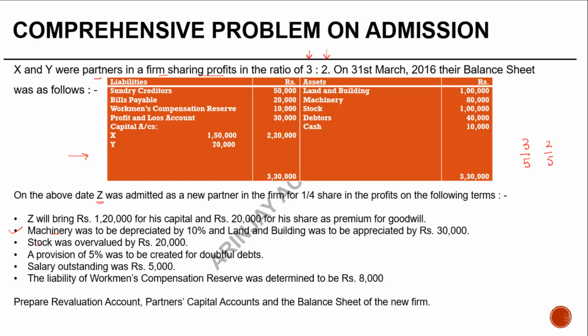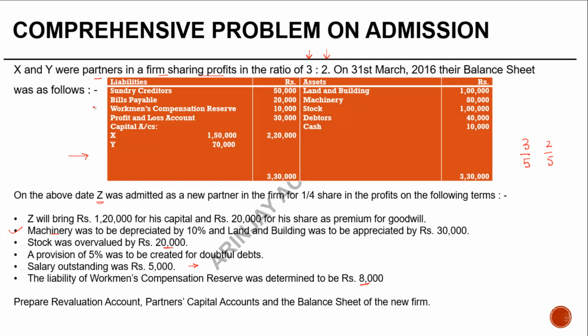Stock was overvalued by 20,000, which means the value which is given is higher than the fair value by rupees 20,000. A provision of 5% was to be created for doubtful debts. Okay, we'll do that. Salary outstanding was rupees 5,000. It's an unrecorded liability.